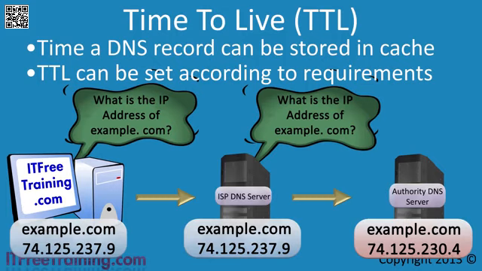For mission-critical systems like email, administrators will often choose a lower Time to Live setting. With a lower setting, if the email server went down and the IP address had to change for whatever reason, the time taken for the clients to start using the new DNS record would be reduced.